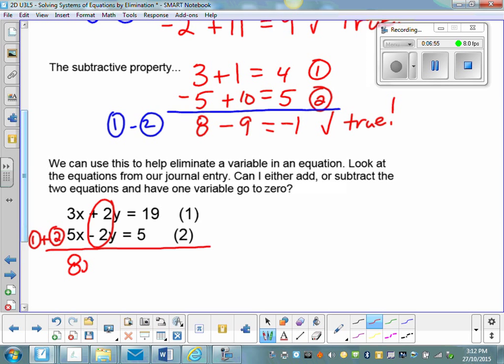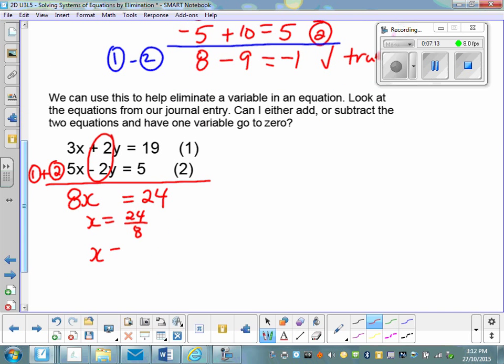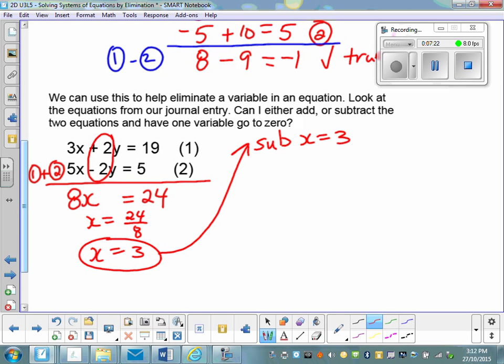3x plus 5x is 8x. 2y plus negative 2y is 0. And 19 plus 5 is 24. So I solve that equation, 24 divided by 8, and I get x equals 3. And once I get here, then I can sub x equals 3 into either equation.